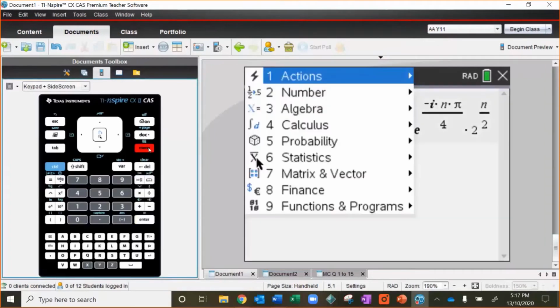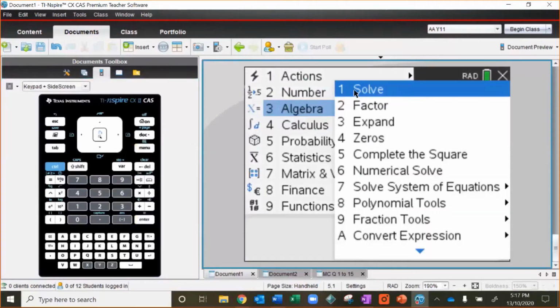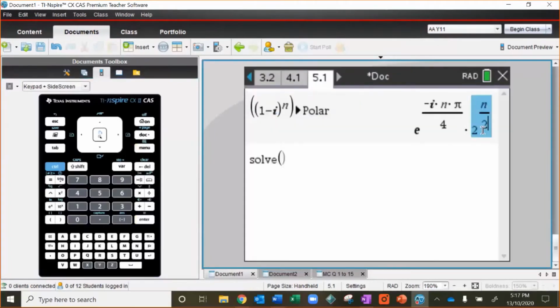So we go menu, algebra, solve, and we can grab this or retype. We know that it is equal to 32, and we wish to solve for n. And the calculator is nicely solving for us.